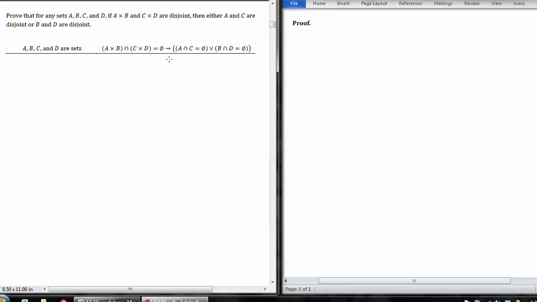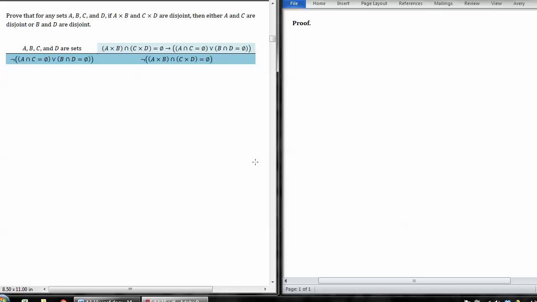Given and goal, I've already written out. Here's that these two sets are disjoint, and that implies that A and C are disjoint, or B and D are disjoint. Well, we got to choose direct proof or proving the contrapositive, and you have to ask yourself: would I rather prove things about sets being disjoint, or about them not being disjoint and overlapping?